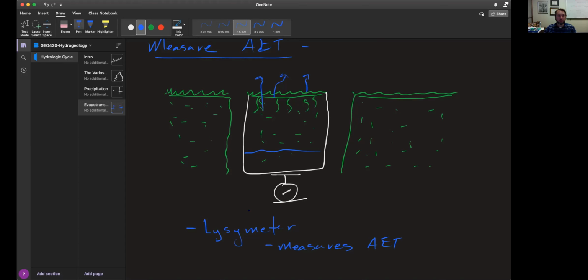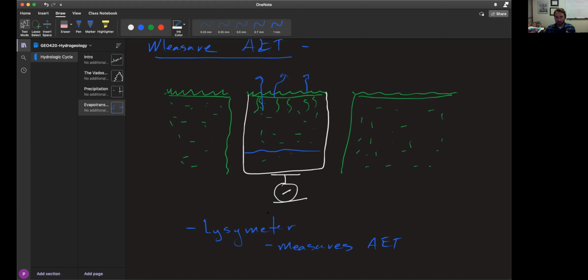All right, these are great, but you could imagine that they work fine for grass. But you couldn't install these, say, in a forest, because you couldn't put a tree on them. And there are actually a couple huge lysimeters that now have big trees in them, but there's just like one or two in the world. And they're on flat ground, they're not on hill slopes.